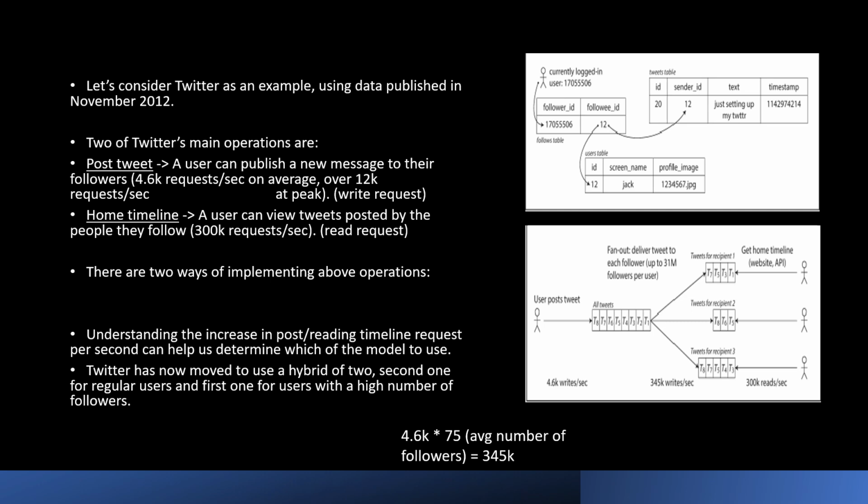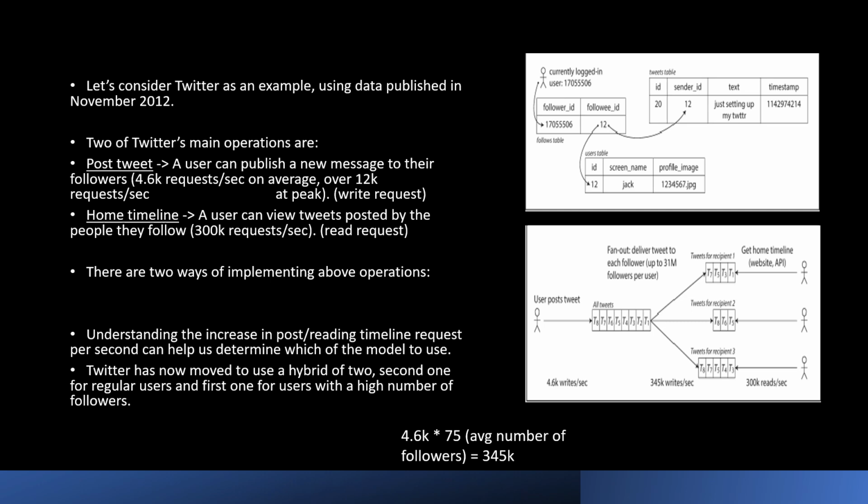Later, Twitter realized that, as you can see, posting a tweet was fairly simple. It just used to update the tweets table and be done with it. But when reading the home timeline, when the logged in user is checking their own timeline, it used to do multiple things.